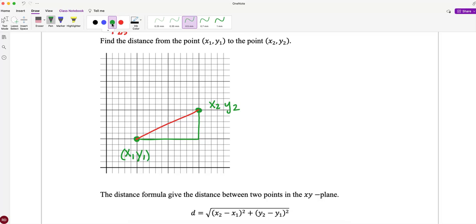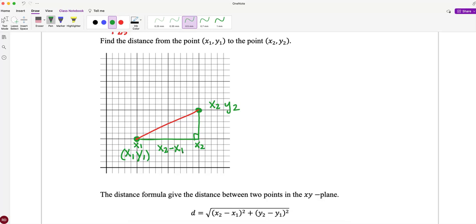I just need to figure out what the 2 sides of the right triangle are. On the bottom of the triangle, my x value starts at x1 and goes to x2. So the distance is x2 minus x1. That's how long that side is.